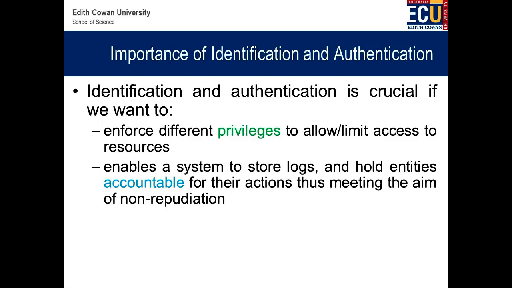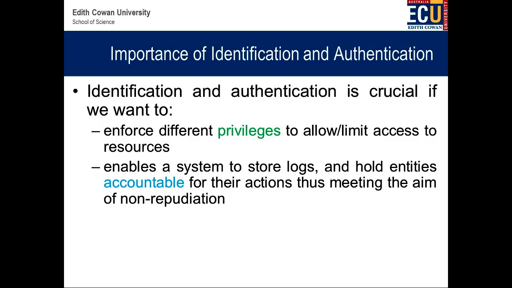When we talk about identification and authentication, why are we concerned about these two terminologies, and what is their importance? Identification and authentication are crucial if a system wants to enforce different privileges and limit access to resources. The example I've already given you is when you log into your Blackboard or ECU's web portal. You log in as a student, I log in as a staff member, so I have different access rights compared to yours.